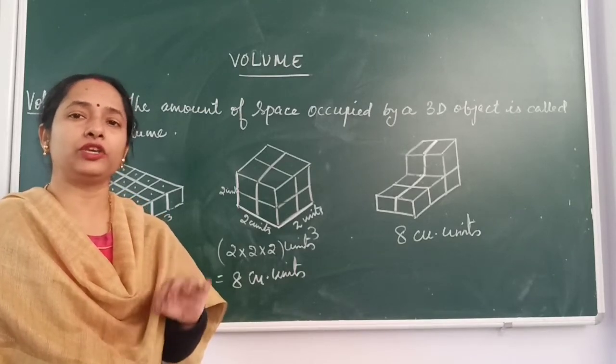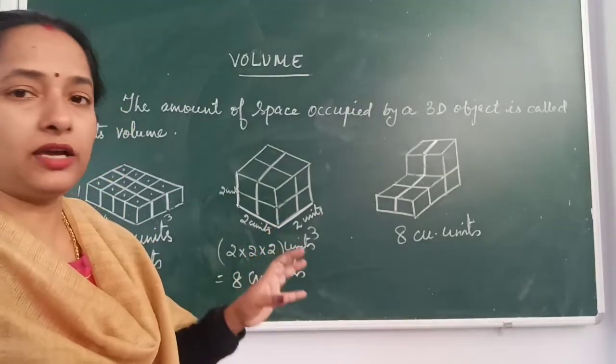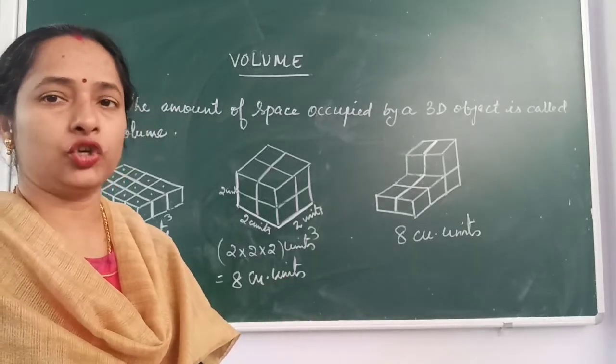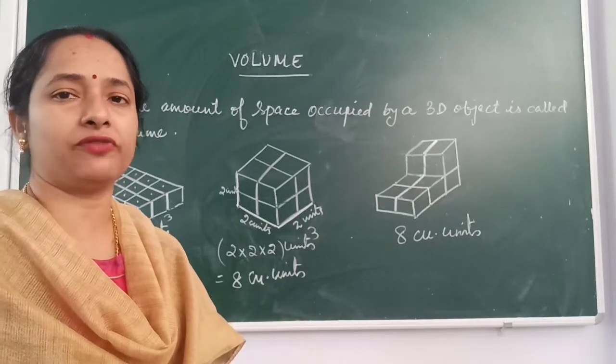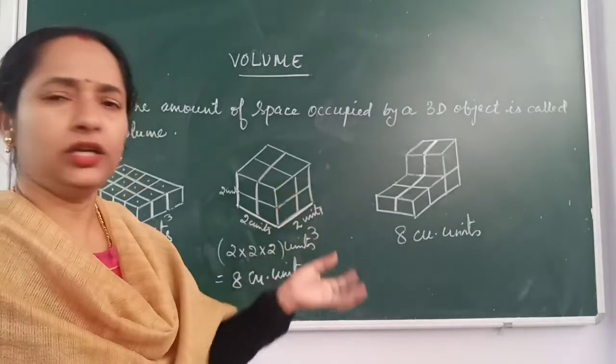You can imagine how many unit cubes are there in a particular 3D shape and find the volume. But every time it is a very tough job for us to count these cubes.